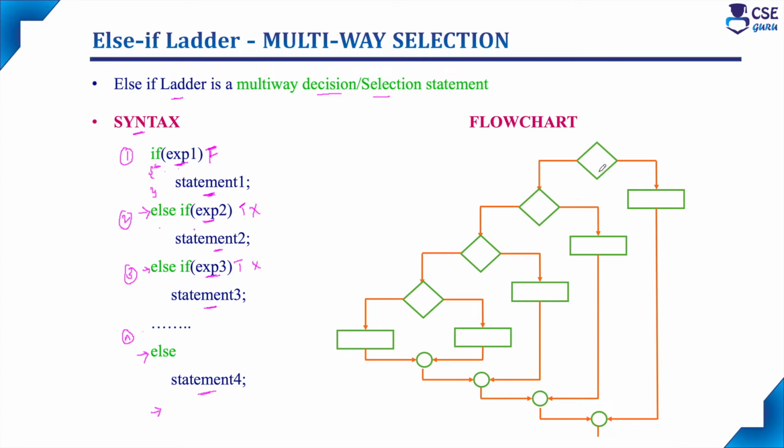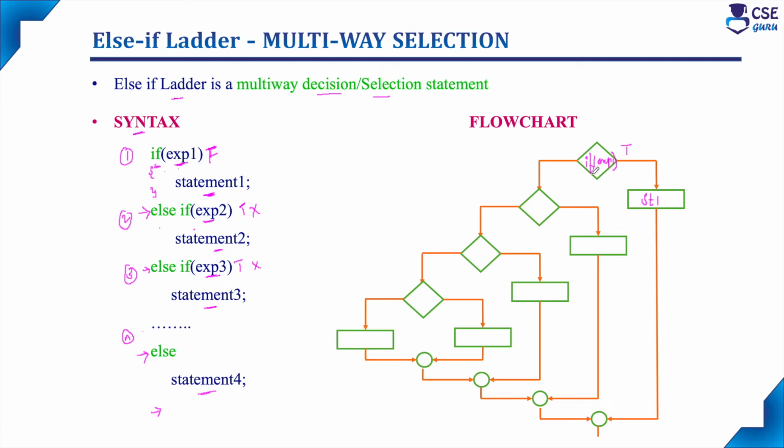Next, let us check the flowchart. First, the if condition, expression 1. It will check the condition. If this condition is evaluated to true, it will execute statement 1, this part, and control will transfer to the next part of the code. That is, it will come out of the else if ladder and execute the remaining statements in the C code.